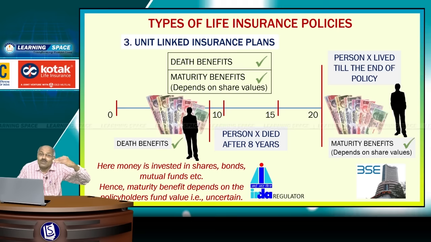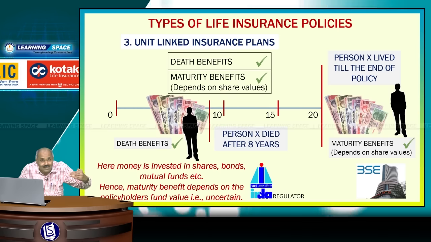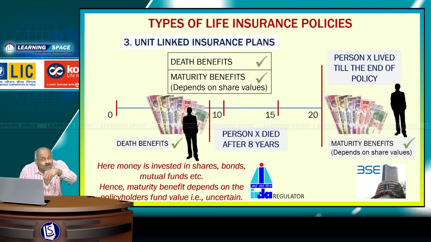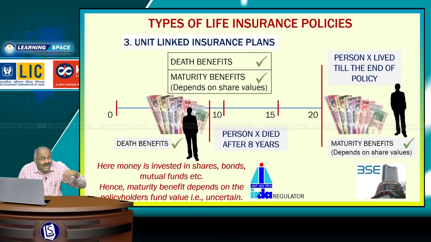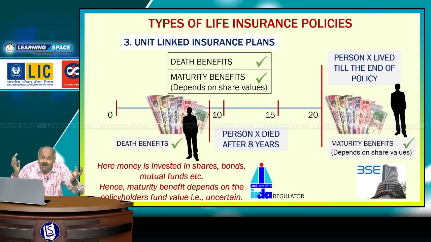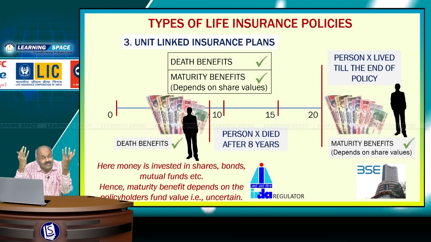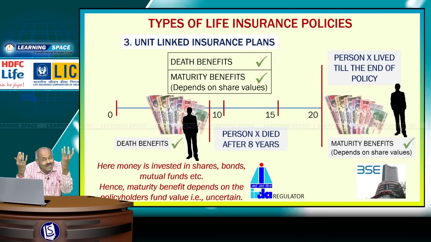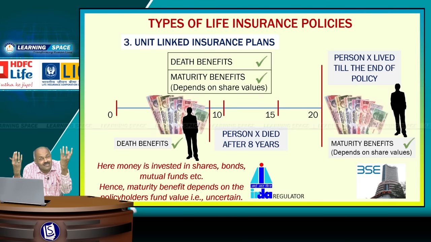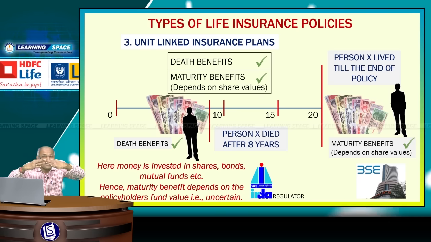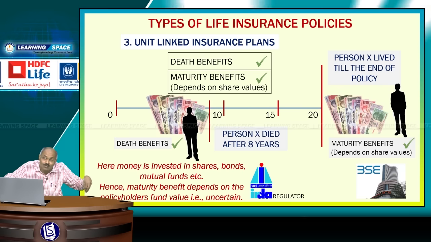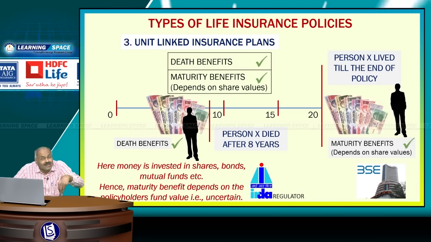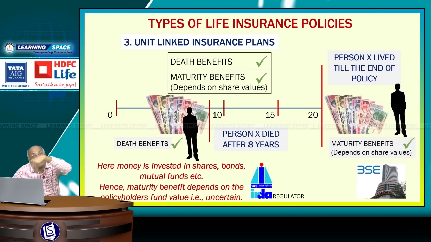That means unit linked insurance plans will invest the money in shares. So, these unit linked insurance plans are an amalgamation of insurance as well as investment in shares, combined together. So, a unit linked insurance plan is basically a plan combining insurance and investments.